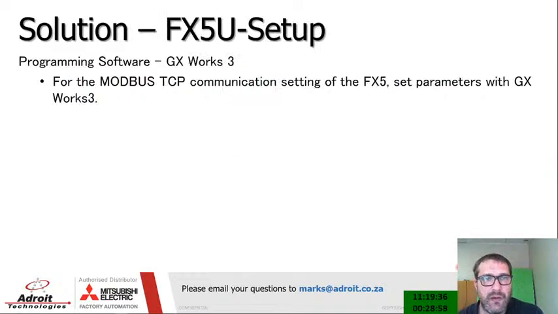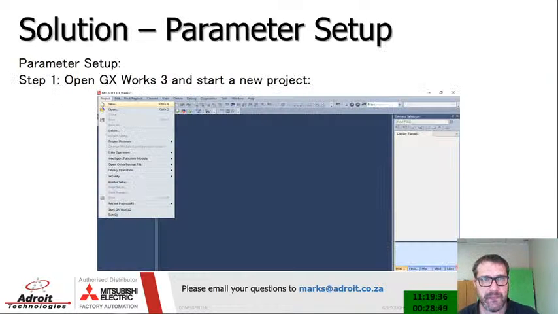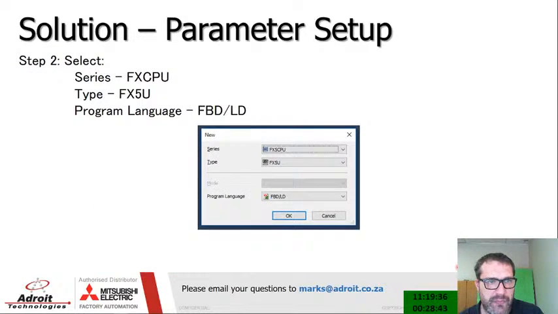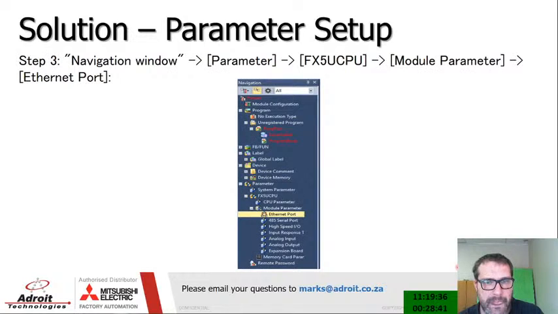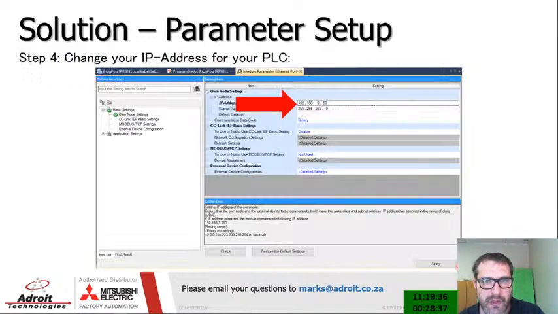Okay. So the programming software, to set up the Modbus-TCP, you have to set the parameters with GXWorks first. Okay. So let's quickly go through the parameter setup. So you open GXWorks 3, start a new project, select the project, and you'll go straight down to Ethernet ports. Okay. So once you're in Ethernet ports, you double click that and it will open the following page for you.